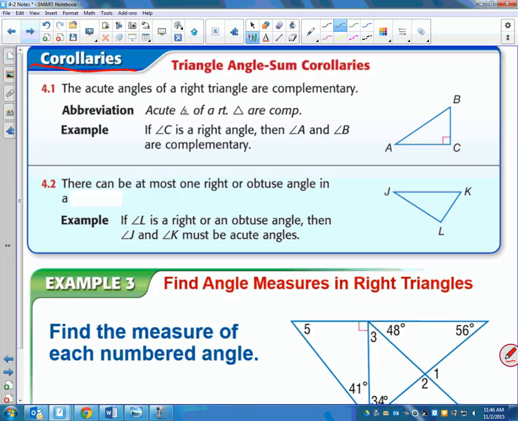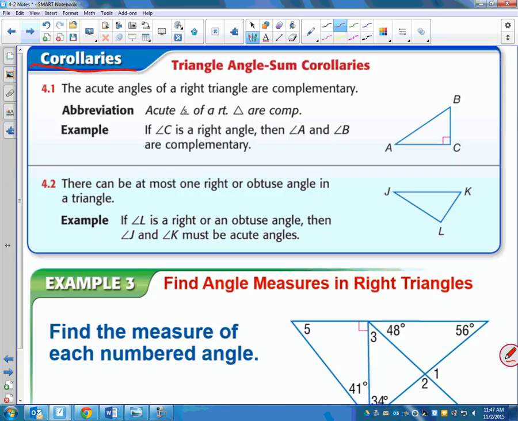And this corollary, 4.2, says there can be at most one right or obtuse angle in a triangle. We came up with that last week before we even knew this theorem. Someone explain to me why there can't be more than one right angle in a triangle.